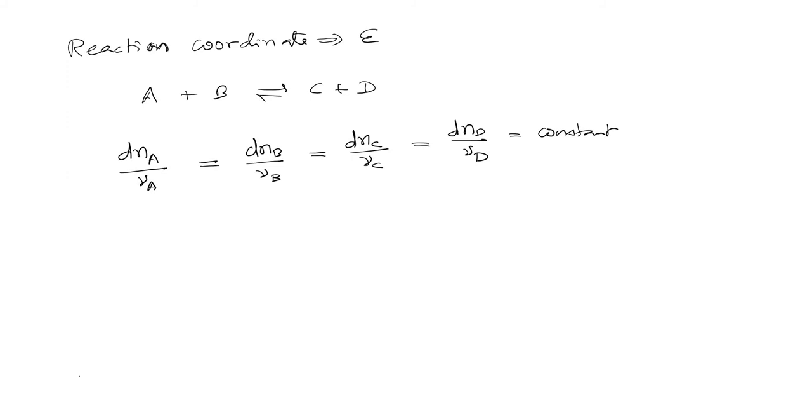Since it is a constant, we can write in general that dni for any species in a reaction, the change in number of moles of the ith species divided by the stoichiometric number of that species, should be equal to it. Since it is a constant, that constant is given as the derivative of the reaction coordinate, d epsilon.